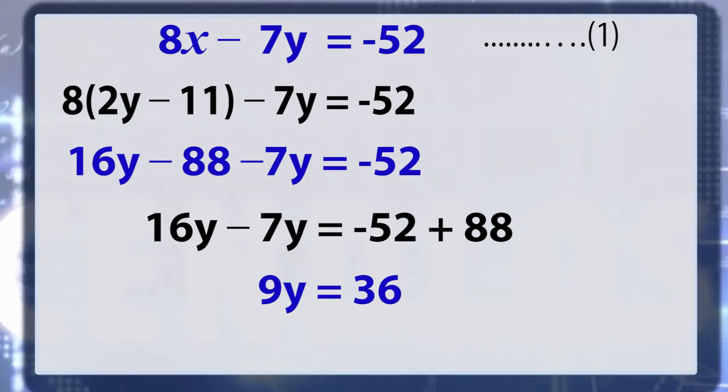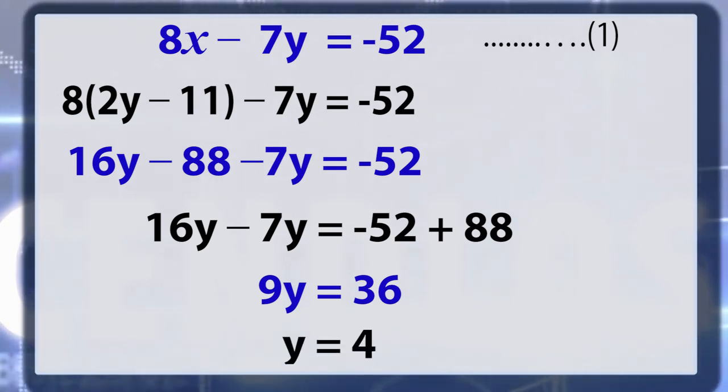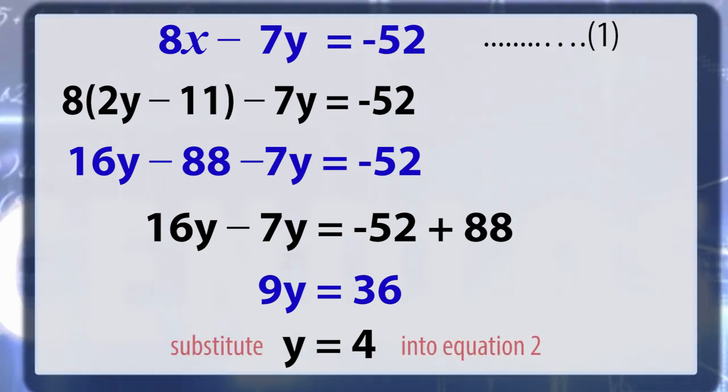Now we have to divide through by 9 so that we can find the value of y. So dividing through by 9, we have y is equal to 4. Now to find the value of x, we shall substitute y is equal to 4 into equation 2.